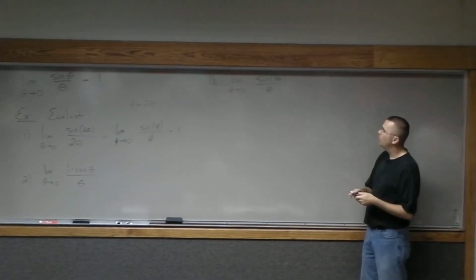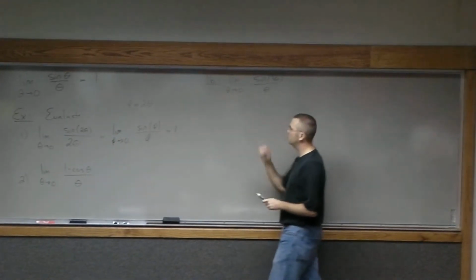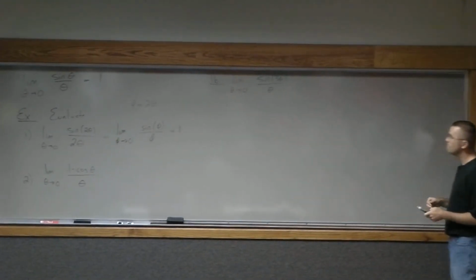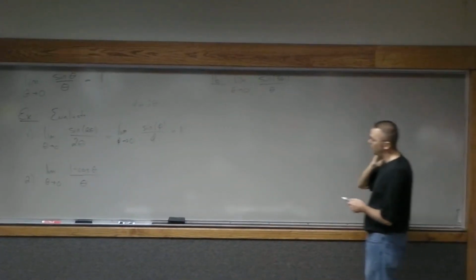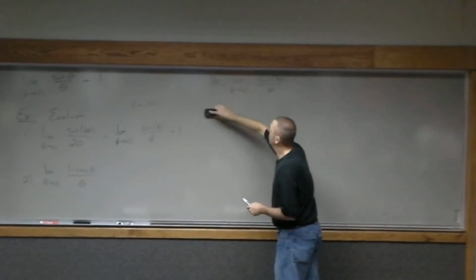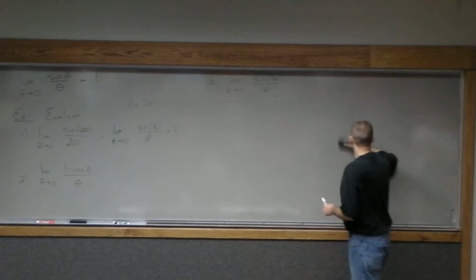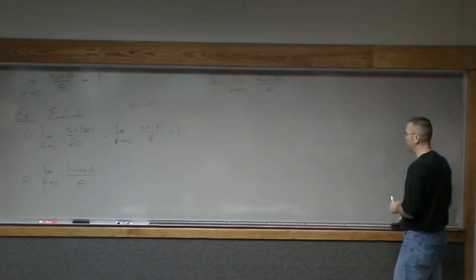What's the problem with just making the exact same type of substitution that we did over here? We're missing a 3 in the denominator, right? So let's just put a 3 in the denominator.